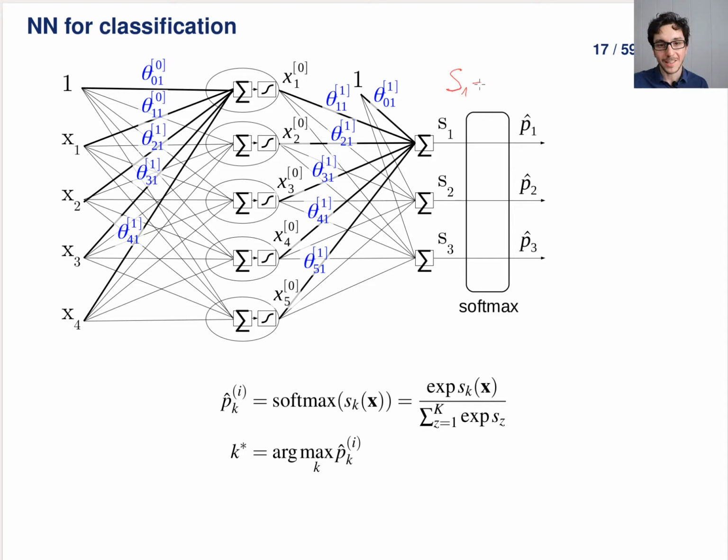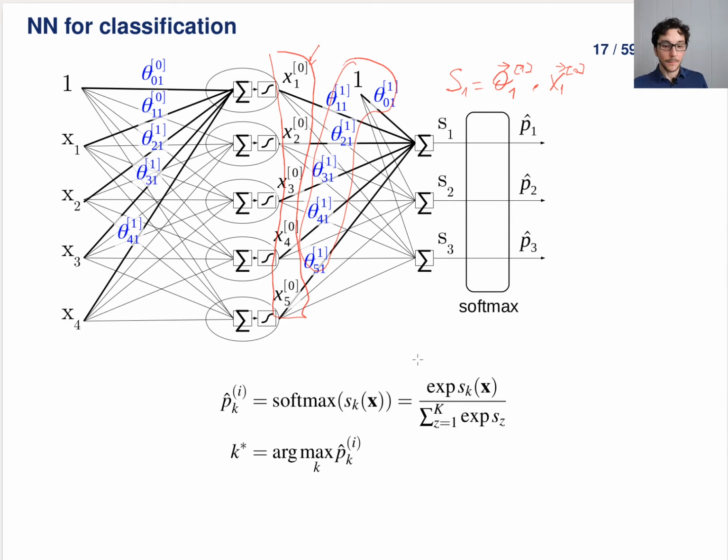The score of class number 1, for instance, is the scalar product of the vector of parameters entering neuron 1, which is the parameters of layer 1 entering neuron 1, multiplied by the input vector of this layer 1, this vector here.